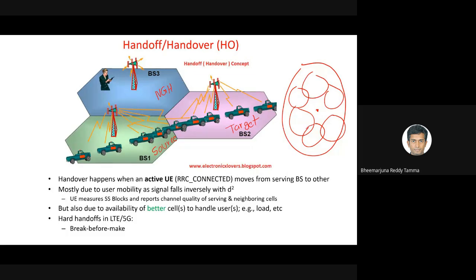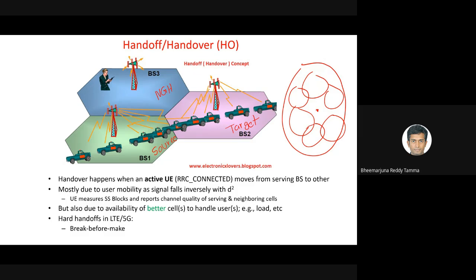In the case of hard handovers, first the user equipment is disconnected from base station 1 and then gets connected to base station 2. Yes, there is a small danger that the attachment to the base station may backfire. That is the risk in both 4G and 5G.